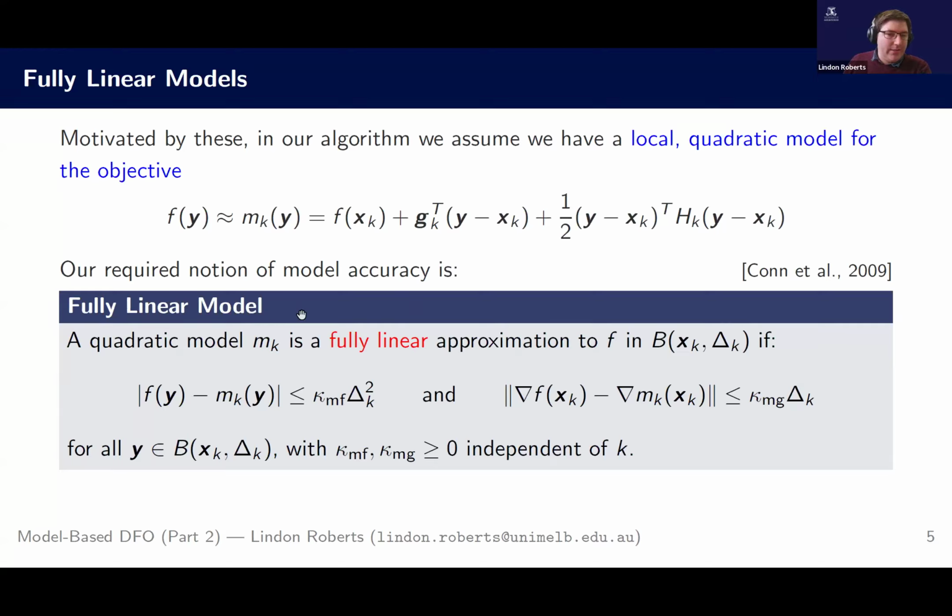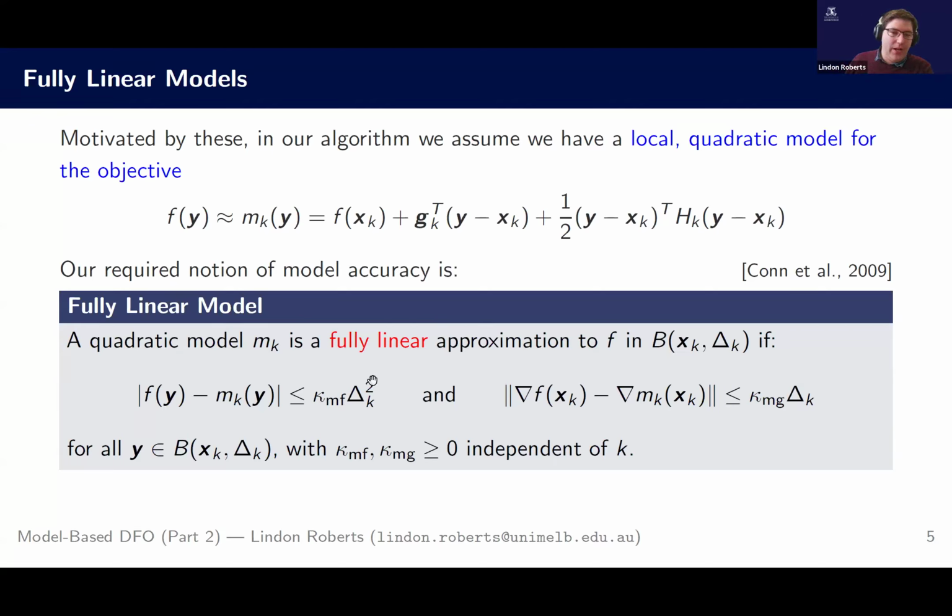What we're going to ask in our algorithm is that when we build our model at iteration k to approximate the objective near x_k, like we saw before, the error bound in the function values, as long as we stay in our trust region, is proportional to delta squared. The error bounds on our gradients at x_k are proportional to delta, and there are going to be some constants that are independent of the iteration we work with. So we want to construct something that matches a linear Taylor series, matches finite differencing linear model accuracy.